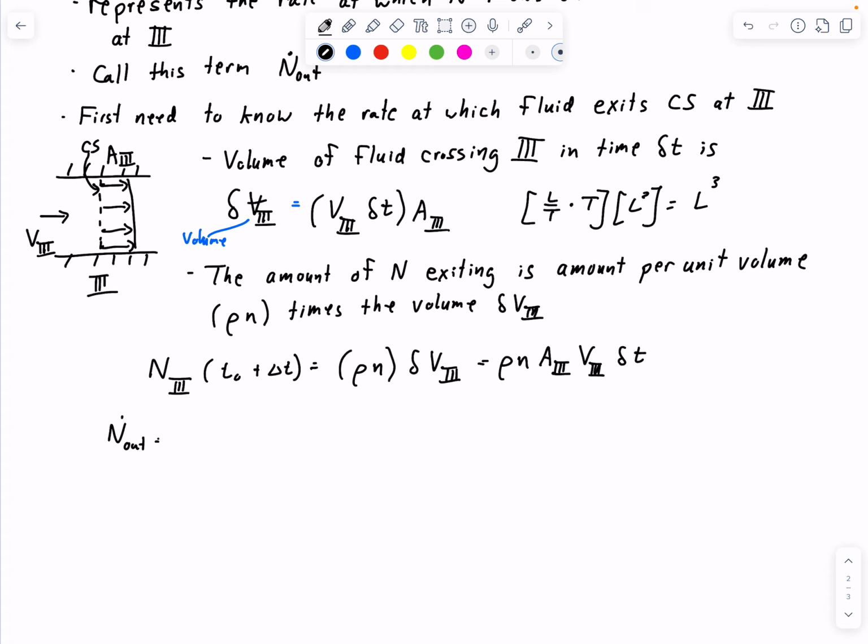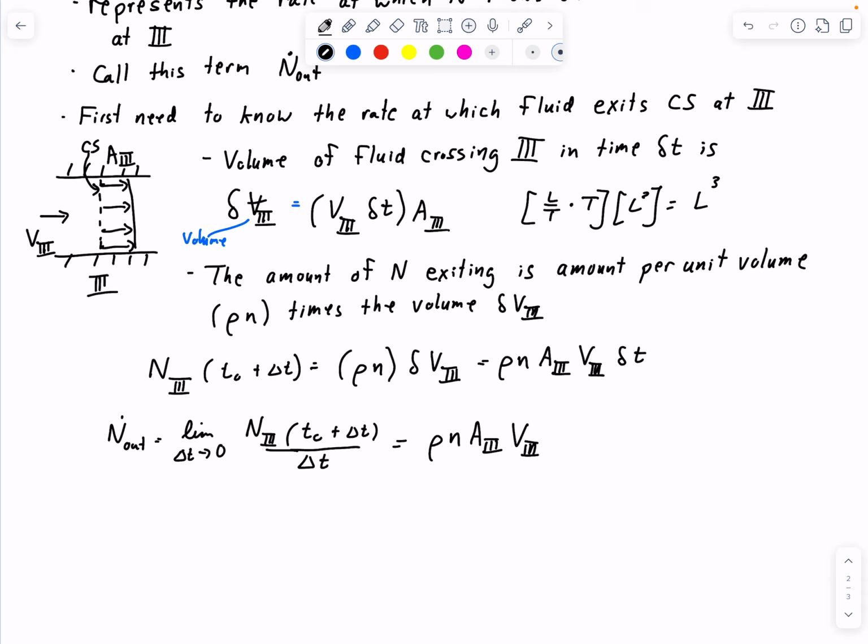And so then the rate at which this is crossing can be found by taking the limit as delta t goes to 0 of this expression, N in 3 at t naught plus delta t over delta t, and this becomes rho n A3 V3.